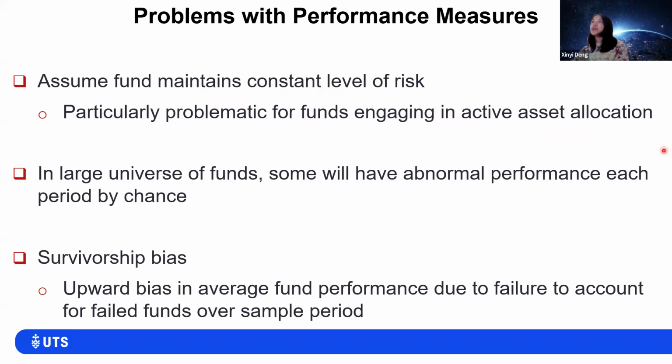So the assumption is less likely to be true for those funds that engage in active asset allocation. Another issue aside from the assumption of constant level of risk is survivorship bias. The calculation of those performance measures is usually associated with survivorship bias, because when we are calculating those measures, we usually only look at the data on the existing portfolios.